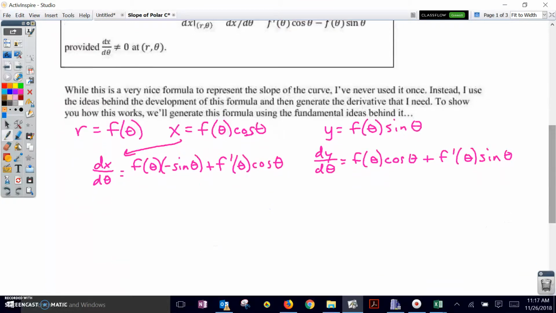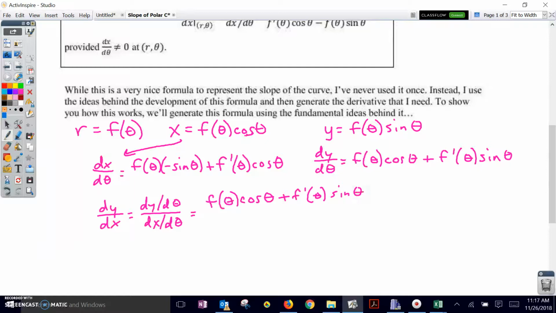And so you can see from this that since dy dx is equal to dy d theta over dx d theta, my slope is f of theta cosine of theta plus f prime of theta sine of theta, all over f prime of theta cosine of theta minus f of theta sine of theta.